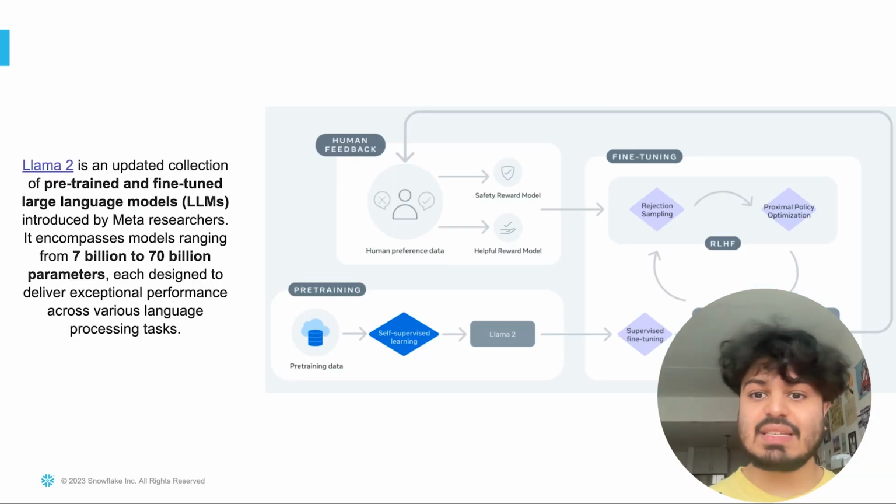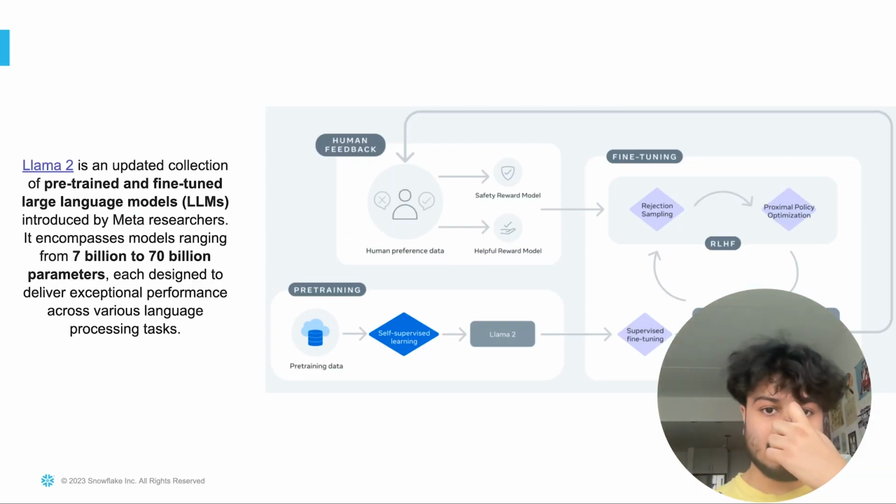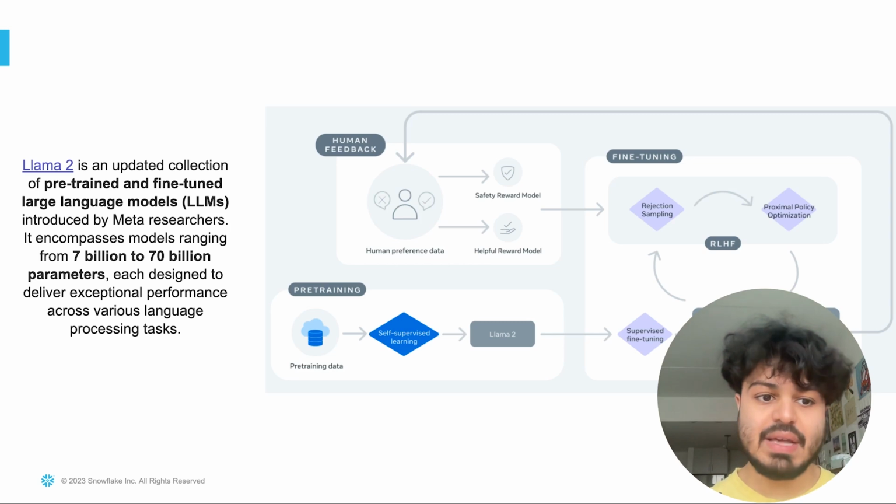Llama 2 is a collection of pre-trained and fine-tuned large language models released by Meta. They range from 7 billion to 70 billion parameters, so existing on the higher end of the large language model space, but not as large as some models that tend to hit the hundreds of billions to the trillions of parameters.